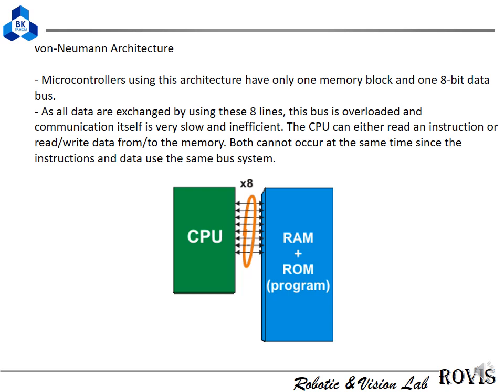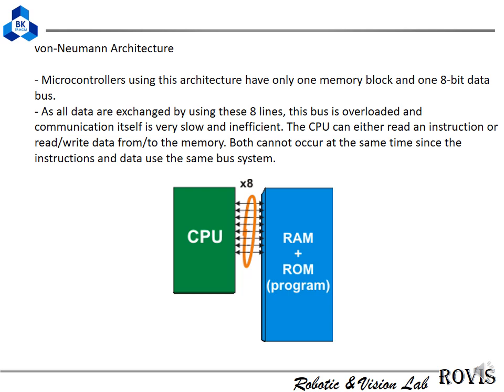But previously the microcontroller was developed in the classical way. This is the von Neumann architecture. That means they just have one RAM and ROM block. So when we use the bus to exchange data, we cannot access them at the same time.